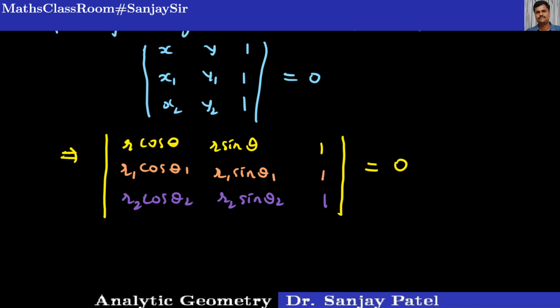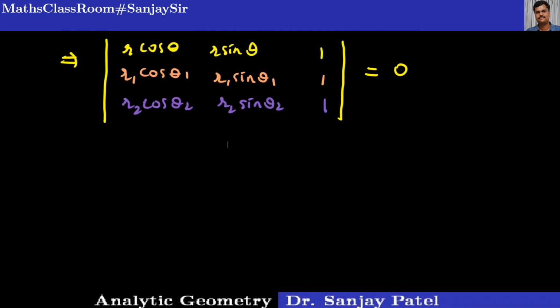Now you just have to simplify this, and you know how we can do that. The simplification is very lengthy. It is nothing but the expansion of this determinant. So I am writing like this.